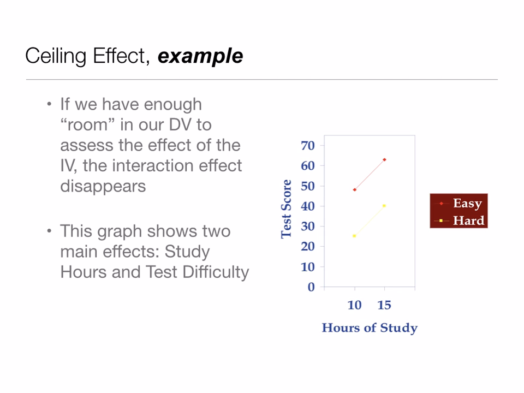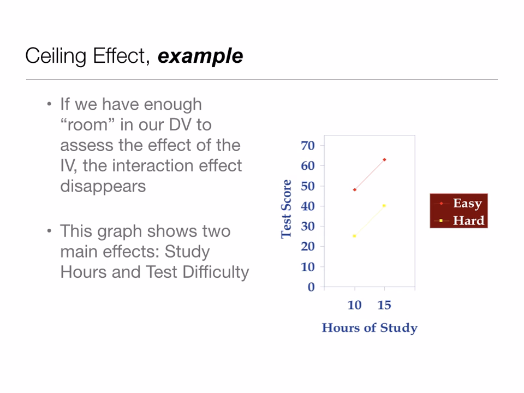So if we have enough room in our dependent variable, say we increased the number of questions on our test to 70, then we can see that there actually is not an interaction here between the kind of test and the hours studied, the difficulty of the test and the hours studied. We actually see 2 parallel lines because we've increased that ceiling. We can stretch that out and see that there's not an interaction.